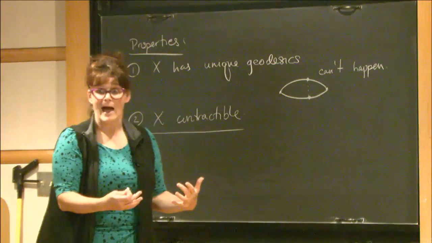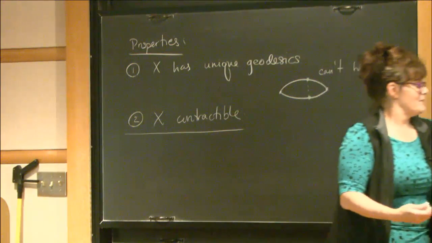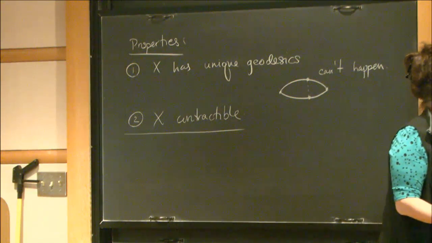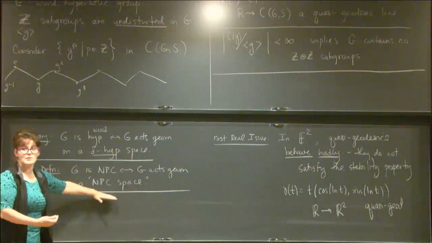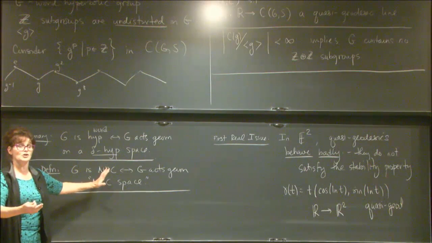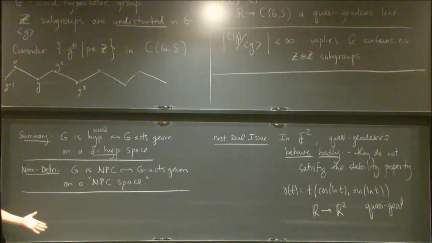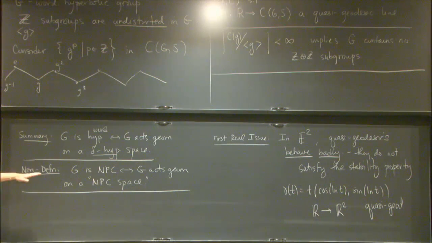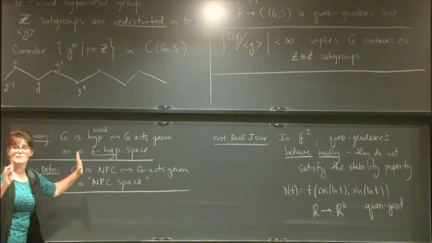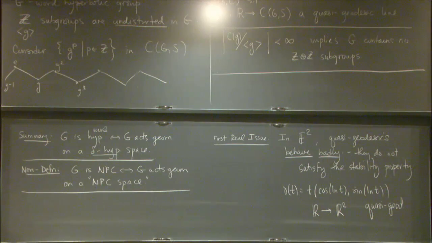Well, it's not bad. It's just that if I want to replace NPC with cat zero, that's a perfectly fine thing to do. It's just not going to be a condition I can check in the Cayley graph. All right? And that's actually one of my definitions, exactly what I just said. I'm just going to replace NPC with cat zero in that definition. So that's going to be my definition of a cat zero group.